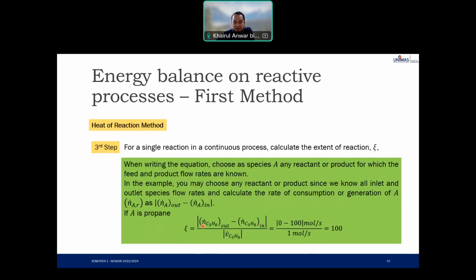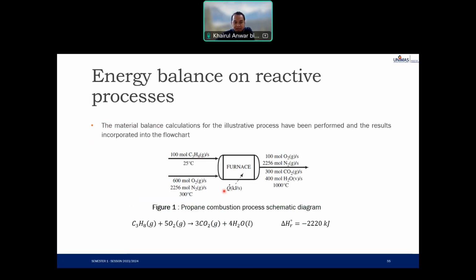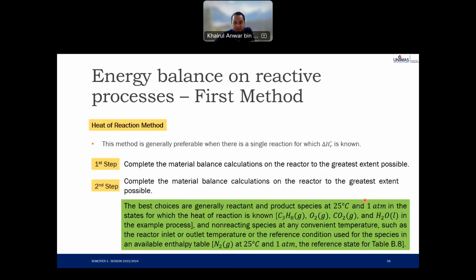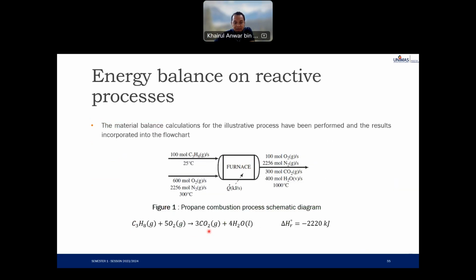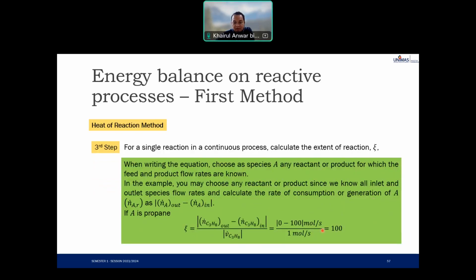So out minus in over the stoichiometric coefficient, 1 mole per second. Oxygen is 5. Then you get 100 for the extent of reaction.